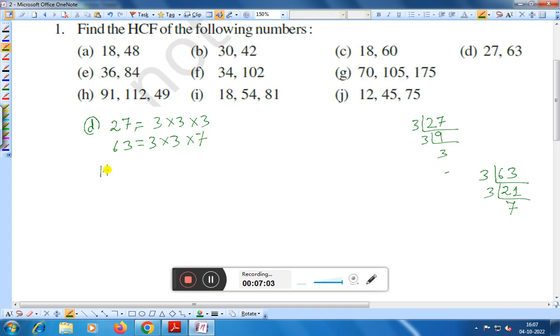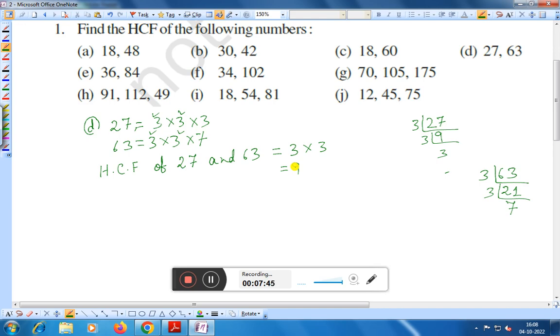Therefore, HCF of 27 and 63 is equal to: here you find the common, that is you are getting 3 common. Equal to 3 into, again 3 is common, 3 into 3, that is 9. Therefore, HCF of 27 and 63 is 9. Therefore, the answer is 9. This is the solution of question number D.